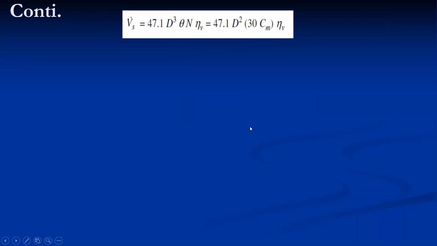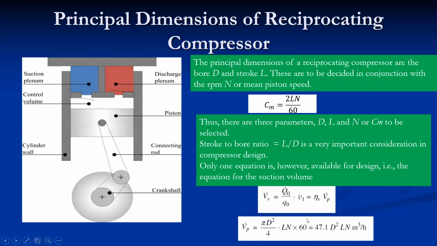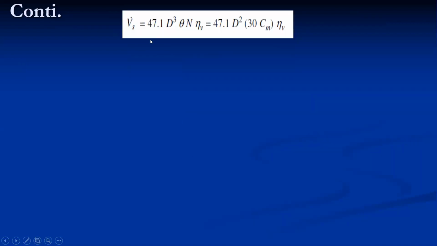If we put this equation in V dot S actual, and instead of L we put theta into D, where theta is L by D, then D cube into theta into volumetric efficiency appears. So V dot S is equal to 47.1 D cube theta and eta V, that is the volumetric efficiency.